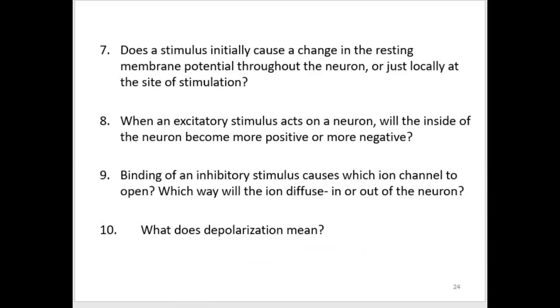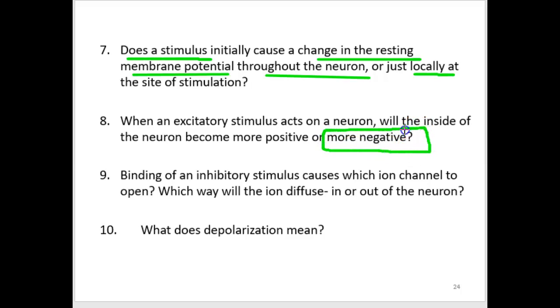So some things that you want to get out of what I just talked about are, number 7, does a stimulus cause a change in resting membrane potential throughout the entire neuron or just locally? And of course the answer is locally. I have that written on a separate slide. When an excitatory stimulus acts on a neuron, will the inside of the neuron become more positive or more negative?